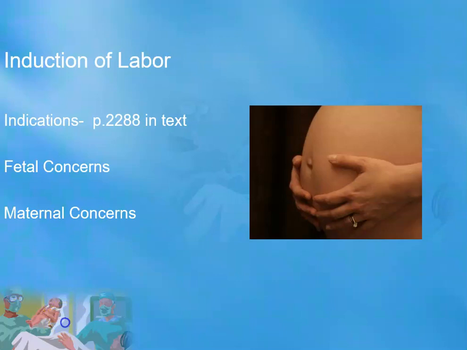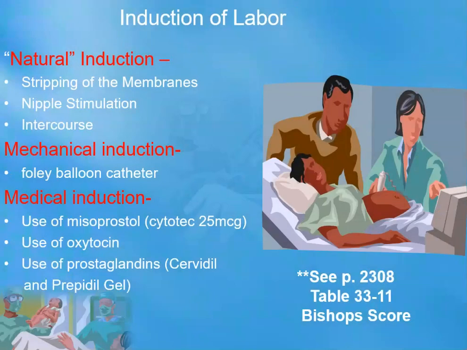Alrighty, and let's see. Talking about induction, there's natural induction, mechanical induction, or medical induction. Natural induction is when they strip the membranes. Stripping of the membranes, so what is that? That's a vigorous vaginal exam. That's when they go in, and it's usually after 39 weeks, to kind of get things going.